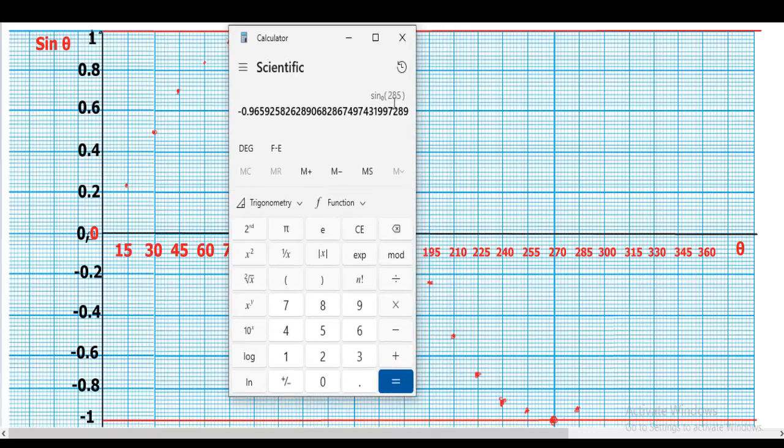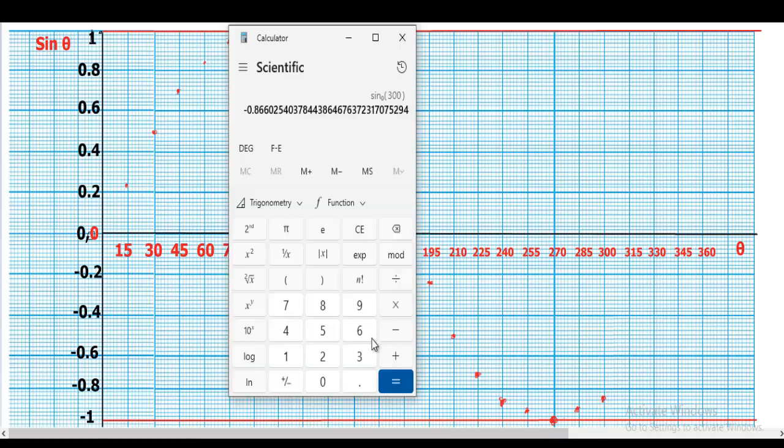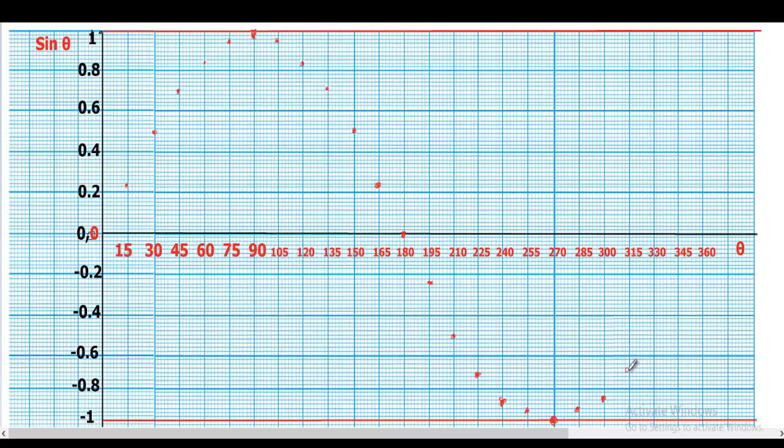Then sine 300 would be negative 0.86 approximately here at this point. Then sine 315 would be negative 0.707. It would be here at this point approximately.